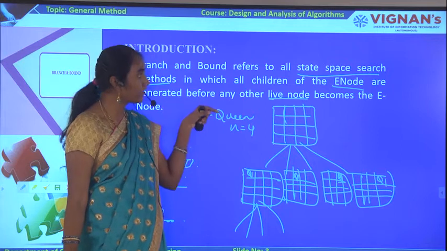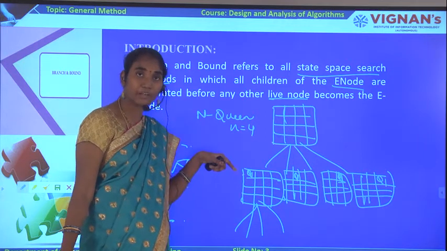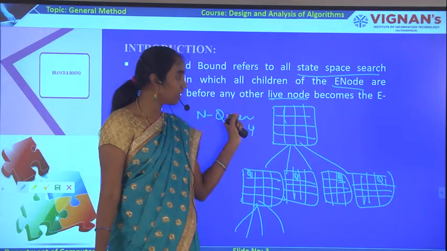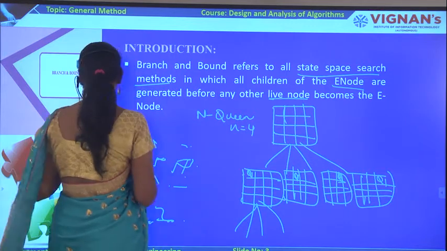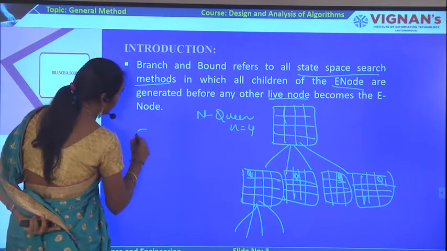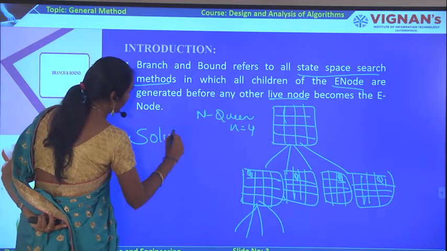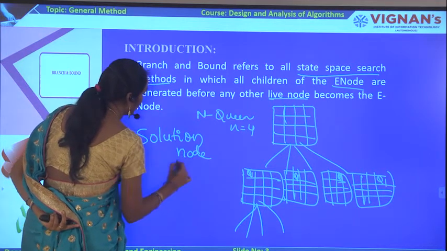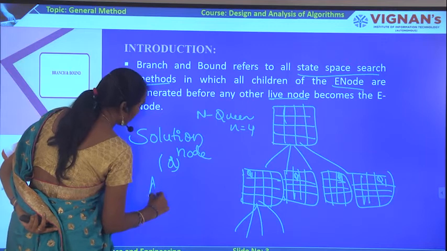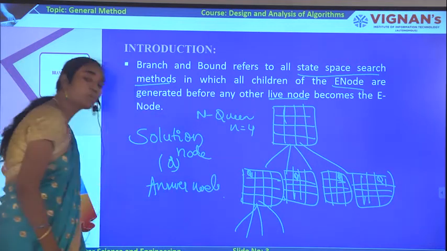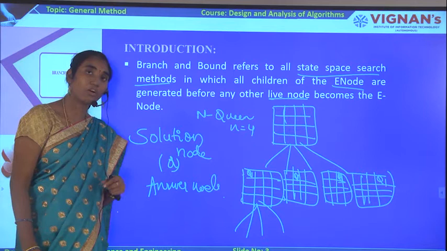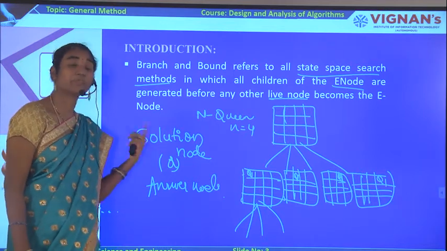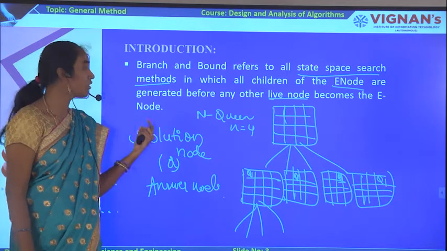Whereas if I apply branch and bound, it is very easy to get the solution node, or the answer node. How to find this solution node is our next topic, and for that we utilize the branch and bound concept.